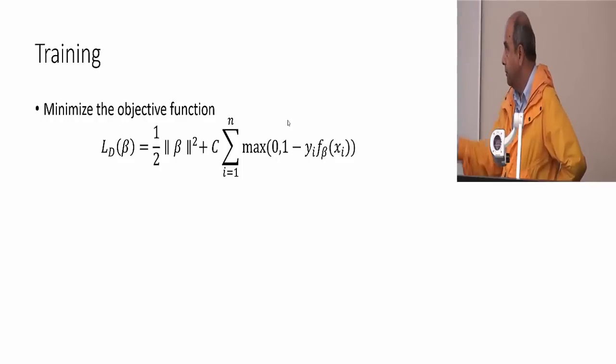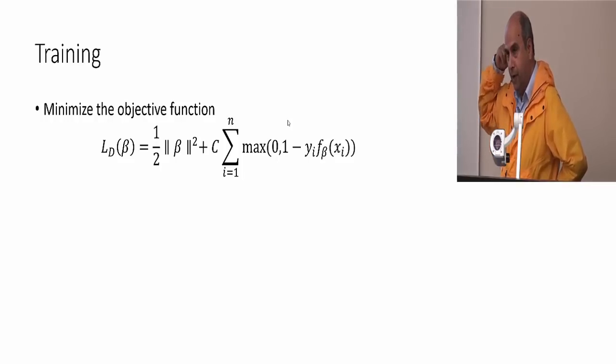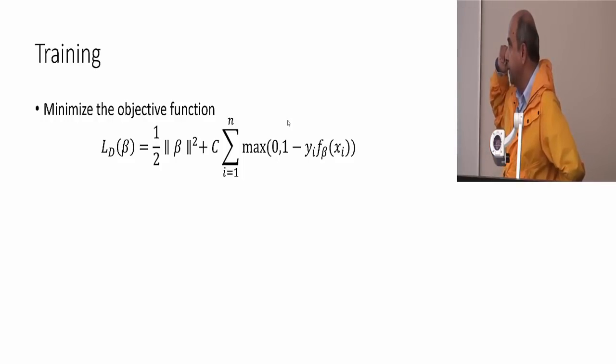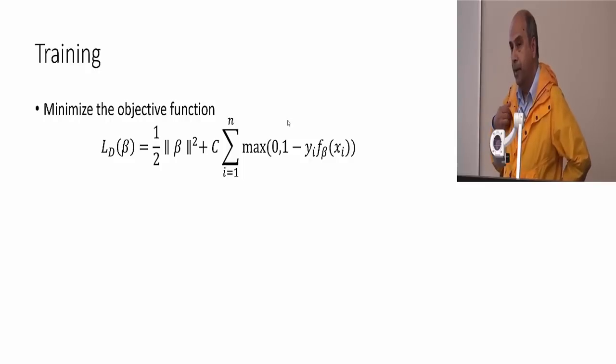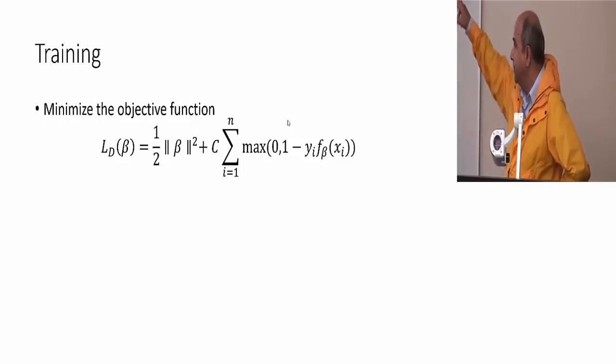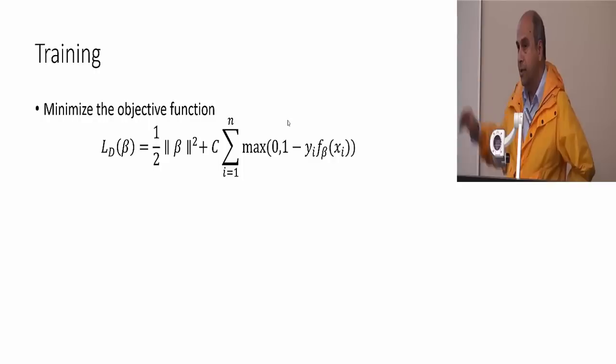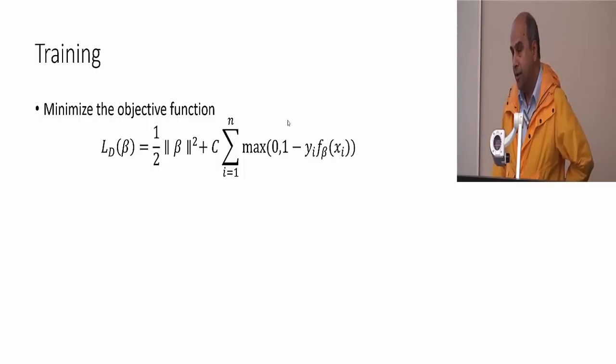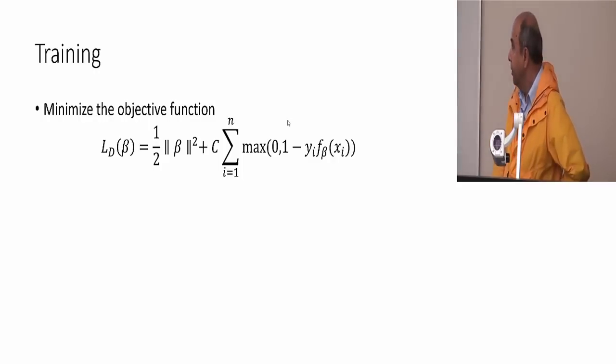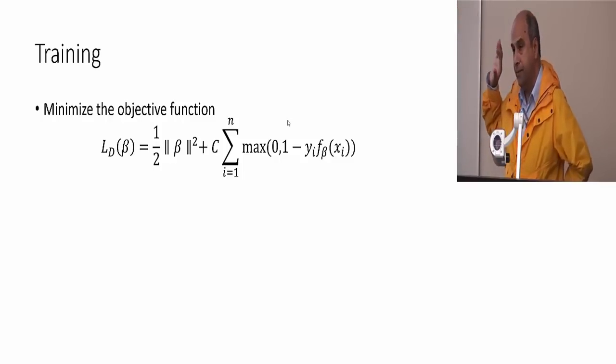But that's fine, we can use that as our function which we want to minimize. This is very similar to what we did. This uses what is called hinge loss instead of just 0-1 loss. But otherwise, this is in a way a regular SVM.